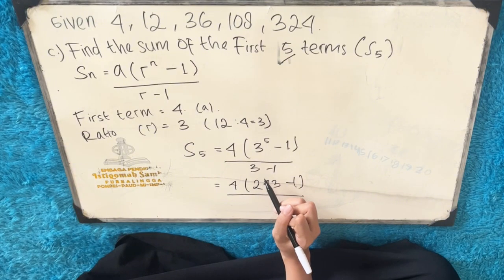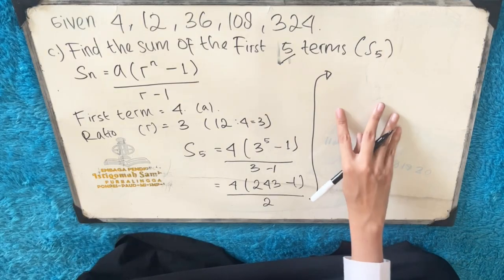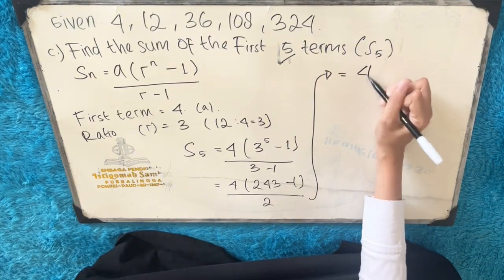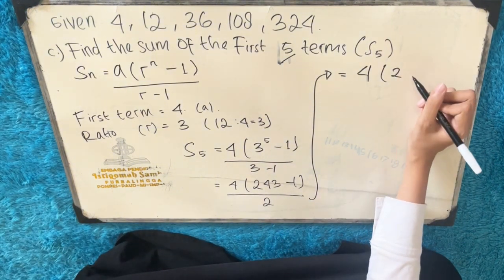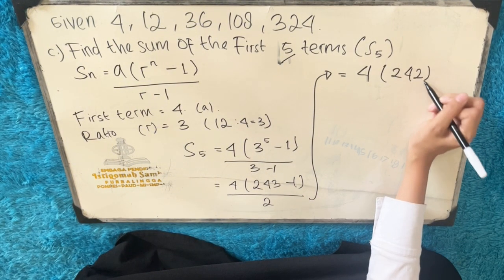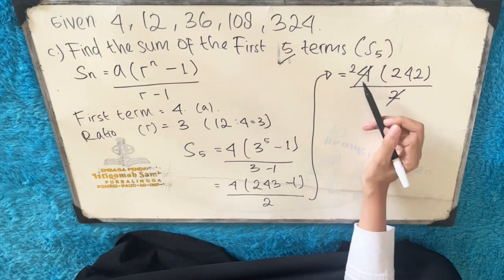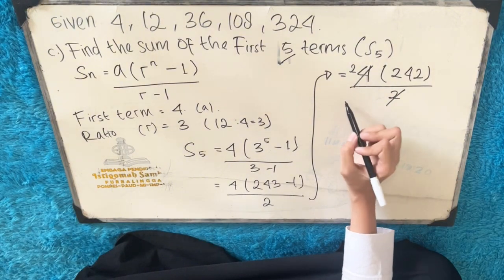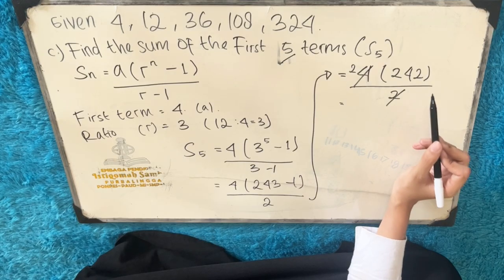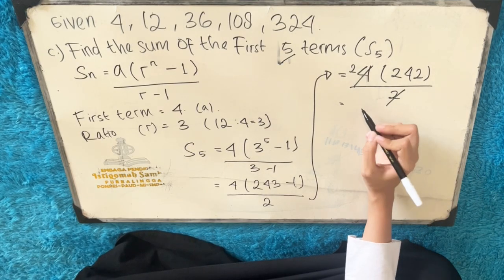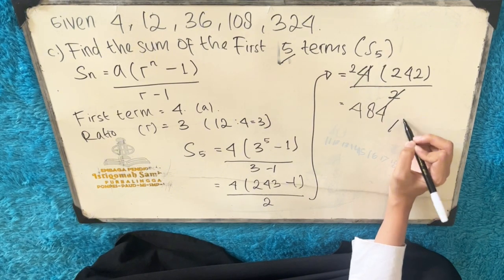So 3 minus 1 is 2. Okay. So we get 4 times 242 divided by 2. 4 divided by 2 is 2. So 2 times 242. So we get 484. Finish.